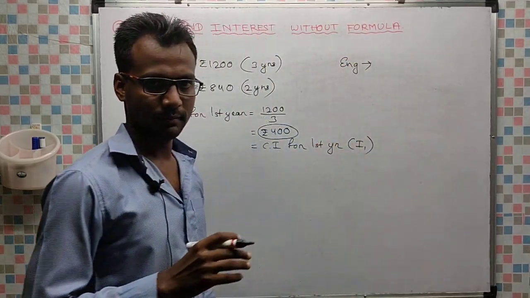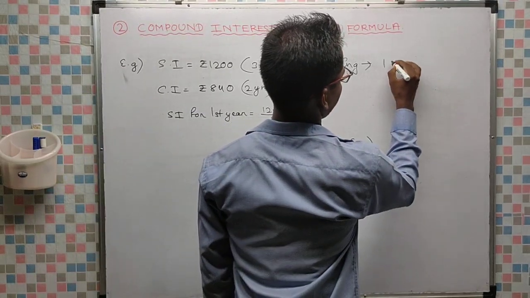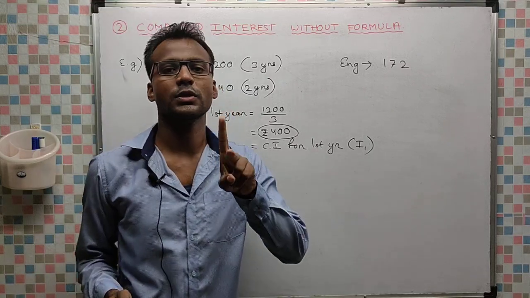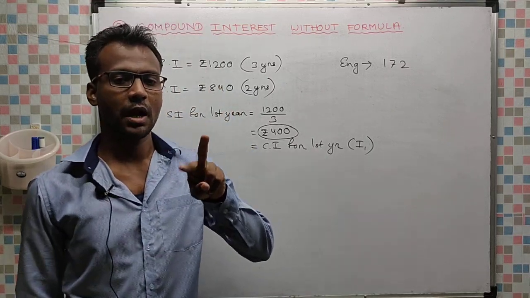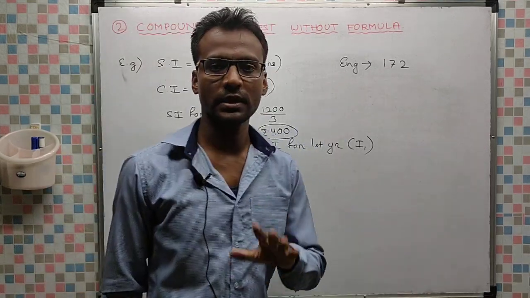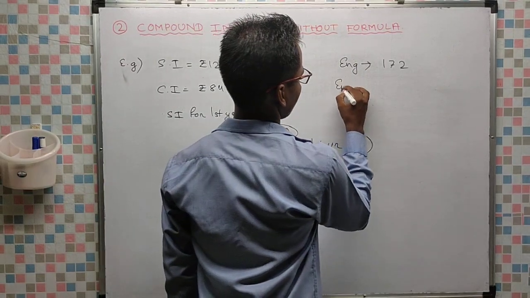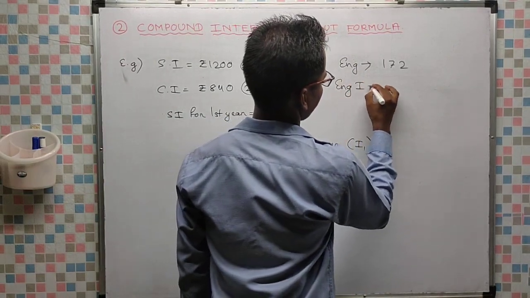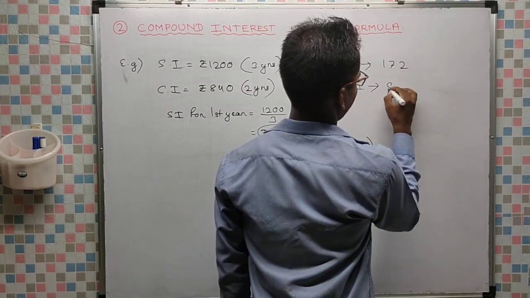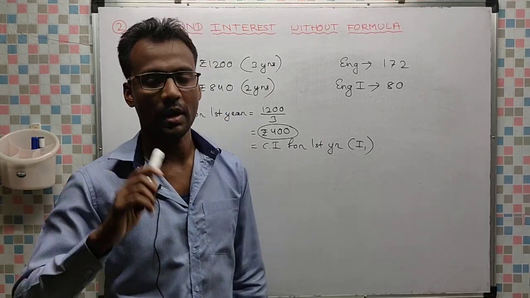in English, total you have secured 172 marks. Okay, English 1, English 2. English grammar, English literature, English 1 plus English 2, total you have secured 172 marks. And English 1 you have secured 80 marks.